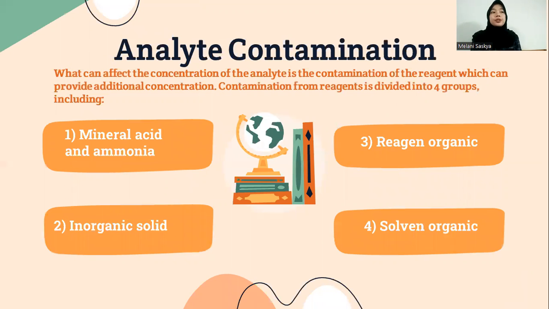What can affect the concentration of the analyte is the contamination of the reagent, which can provide additional concentration. Contamination from reagents is divided into 5 groups, including mineral acid and ammonia, inorganic solid, reagent organic, and solvent organic.